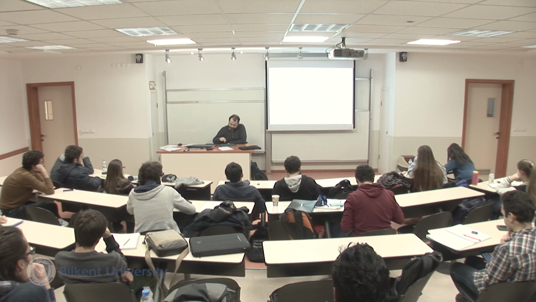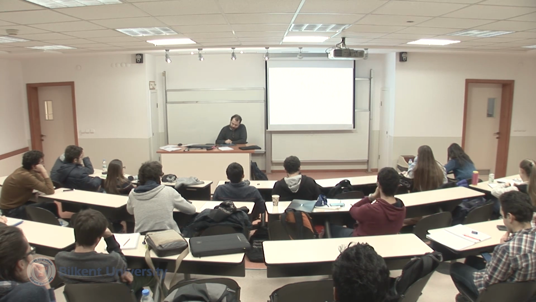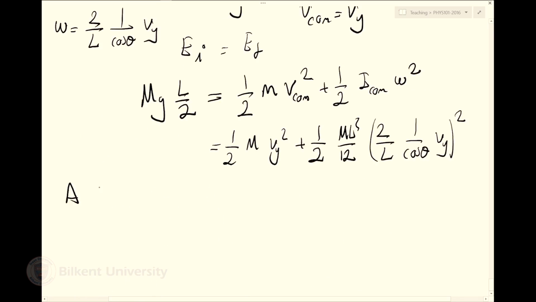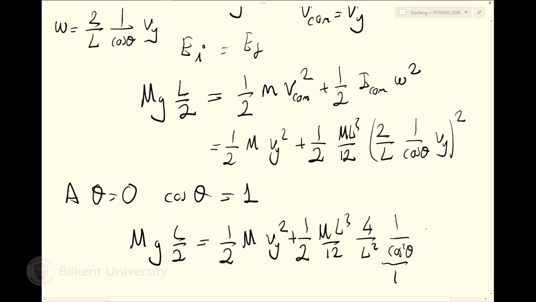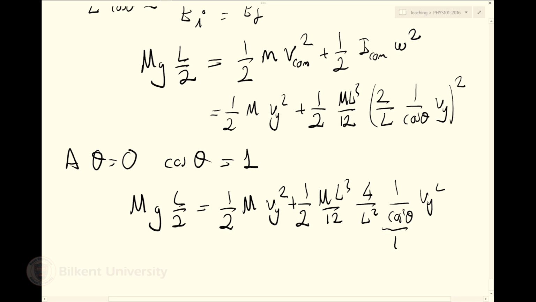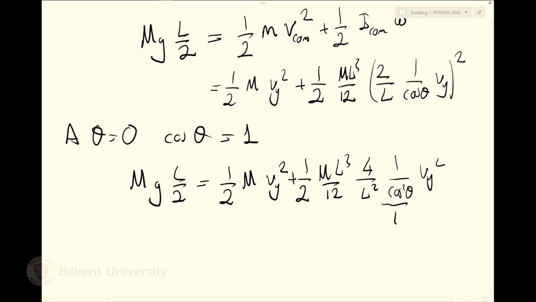So at theta equals 0, cosine theta is 1, which means mgL over 2 is 1/2 m Vy squared plus 1/2 m L squared over 12, times 4 over L squared, times 1 over cosine squared theta, which is 1, times Vy squared. The L squares cancel.